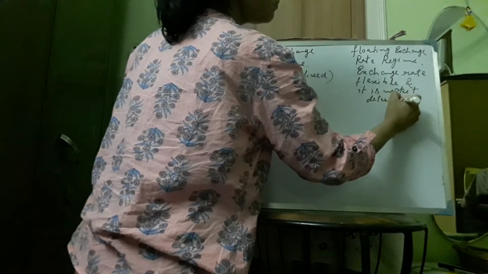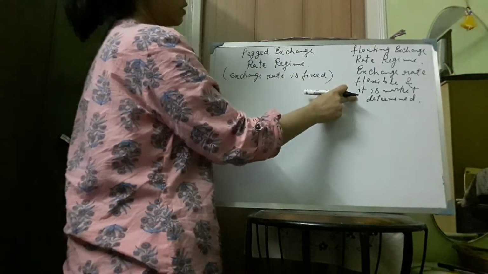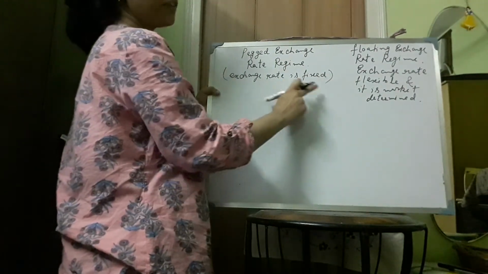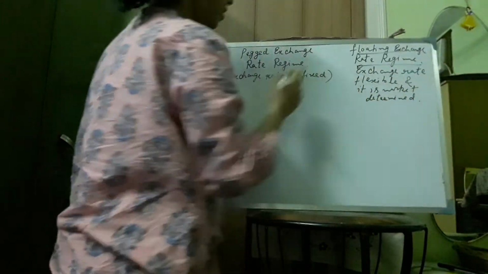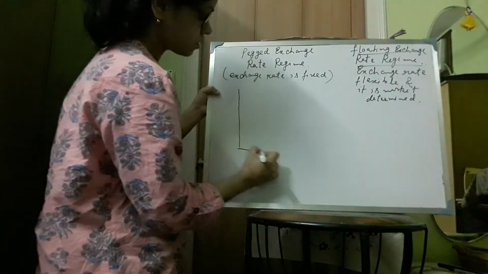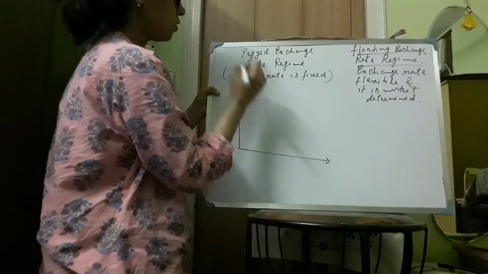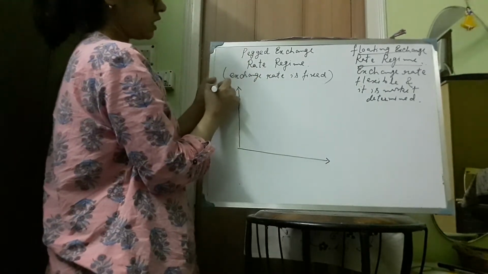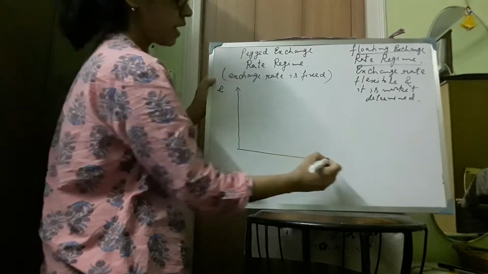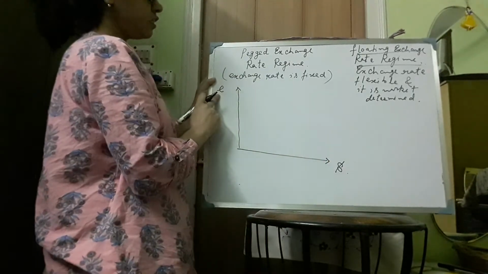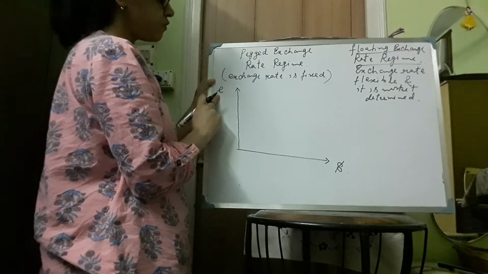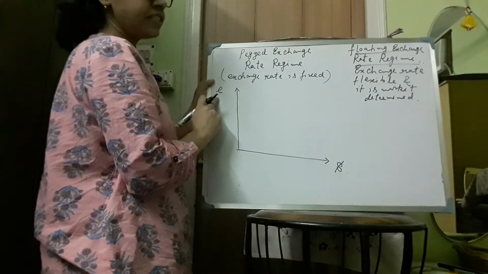So it is determined by the market forces, by the demand and supply of the foreign exchange. But here the exchange rate is fixed. So let us first consider the floating exchange rate regime. So here we are considering E and here we are considering dollar. So here we are considering the price of the foreign currency, price of dollar, and that is the exchange rate.